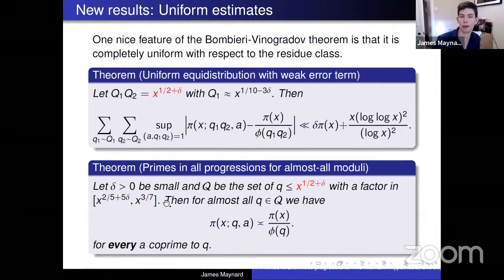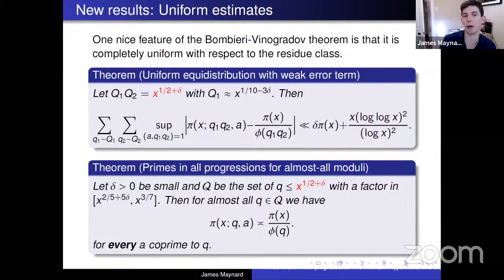And so again, these are extensions of the previous far-reaching work of Bombieri, Friedlander-Iwaniec, and of Zhang and of Fouvry, where we're able to get some equidistribution of primes in arithmetic progressions going beyond this Riemann hypothesis range.